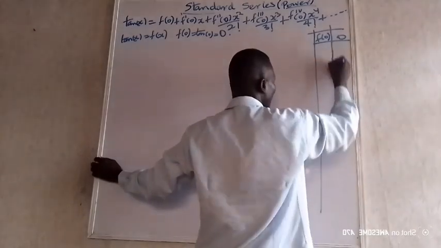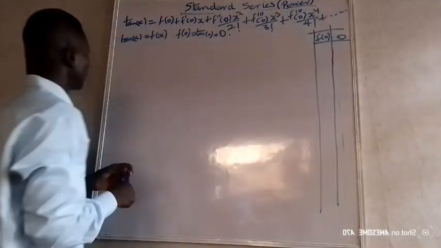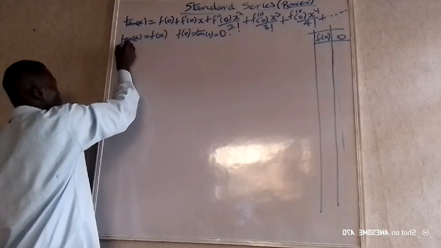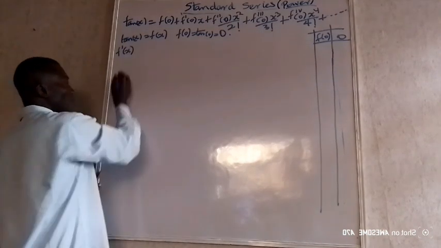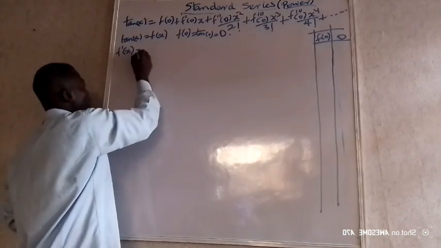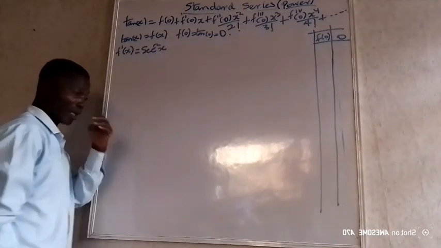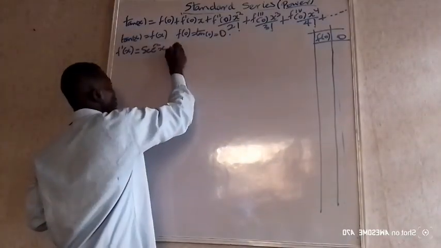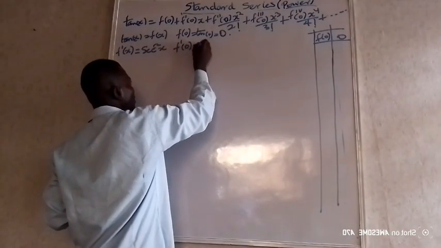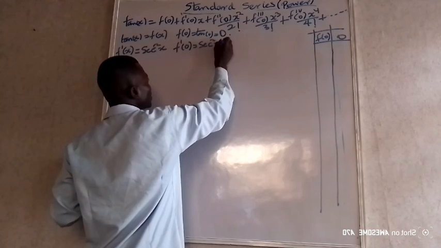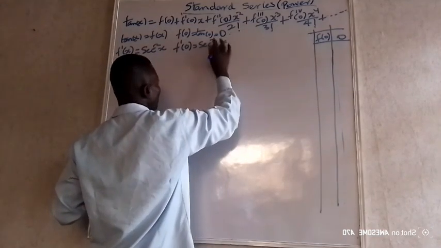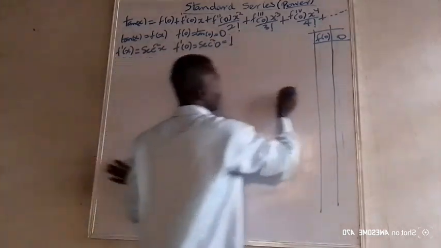Now, let's try to find f'(x), the first differential, and that's going to give us sec square x. So f'(0) will be sec square 0, and that is 1. So f' is 1.